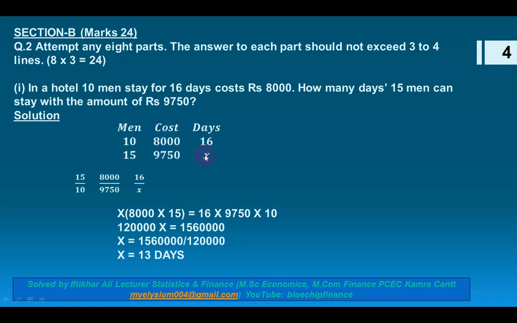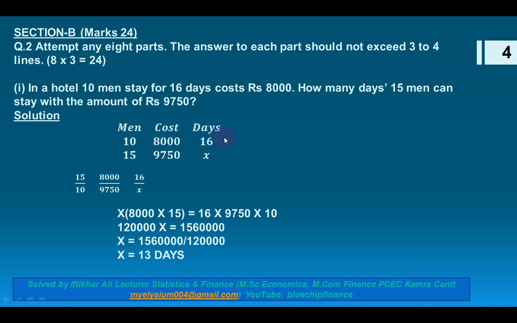Or we can say that either these are directly proportional or inversely proportional. For example, if men are increasing, then cost will also be increasing. Or second variable, cost, what is the relation of cost with the days?